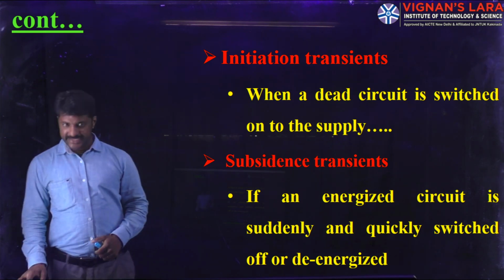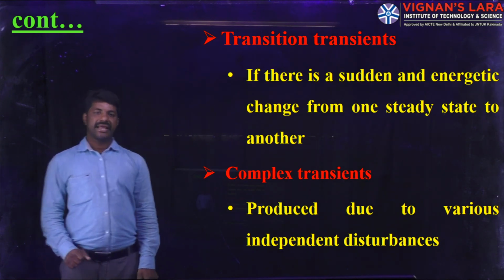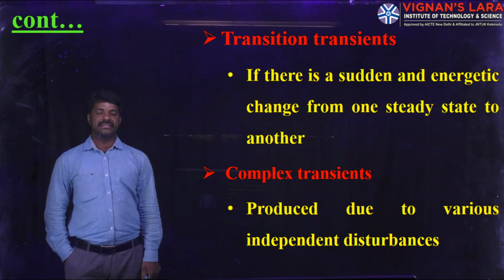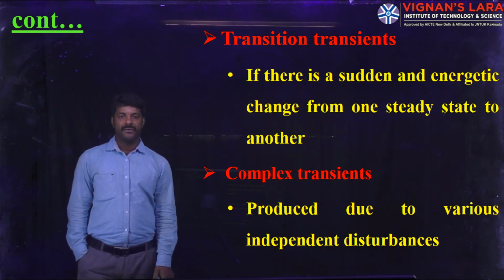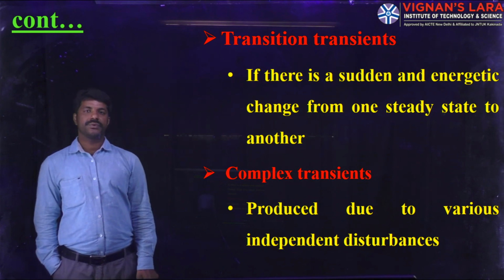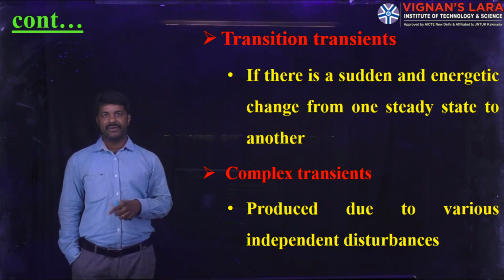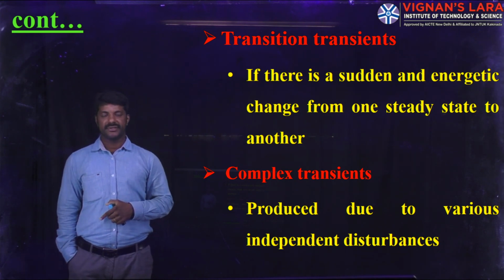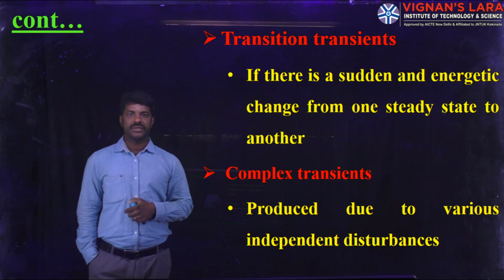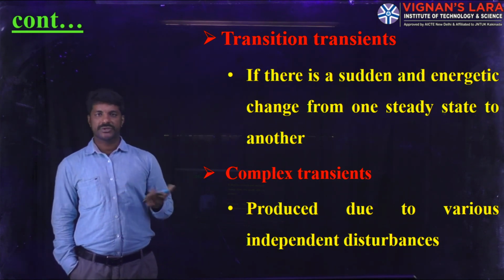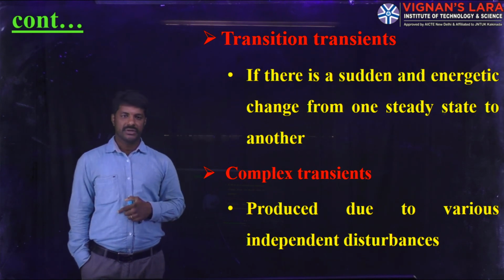And the next type of transients is transition transients and complex transients. Transition transients, as the name says, occur whenever the circuit components change magnitude from one level to another level, like load variations, sudden variations or gradual variations. If there is a change in the load, then the magnitudes of voltages and currents will change, which are subjected to transients.